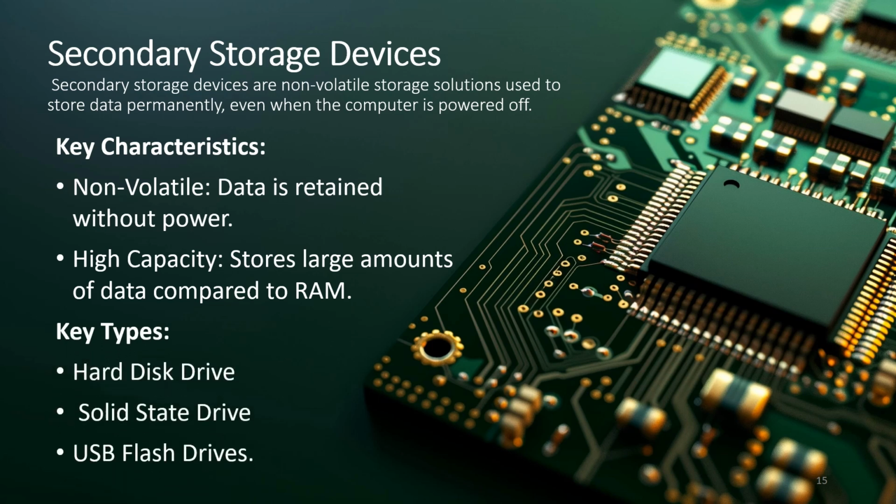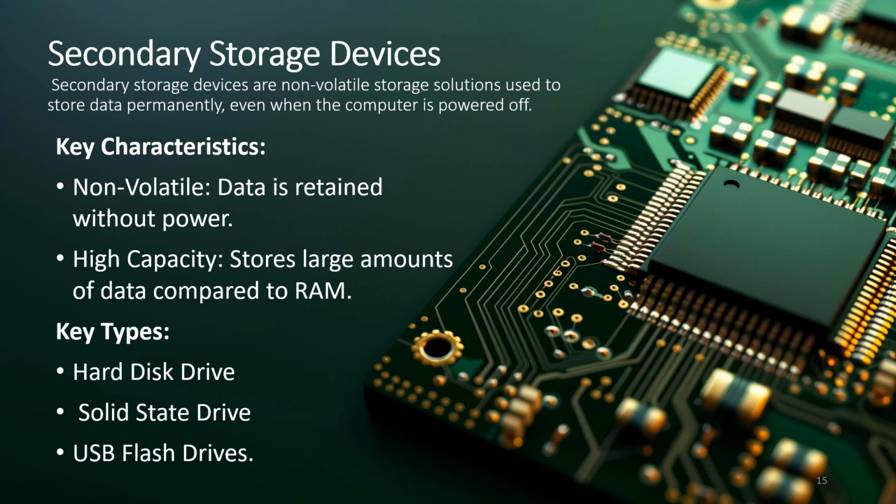That is, the data stays in it even if the power is turned off. It comparatively has higher capacity than RAM. RAM is like 16 GB or 32 GB or 64 GB, but the secondary storage devices are very vast, ranging up to 20 terabytes and even more.